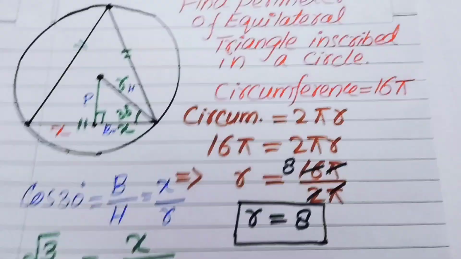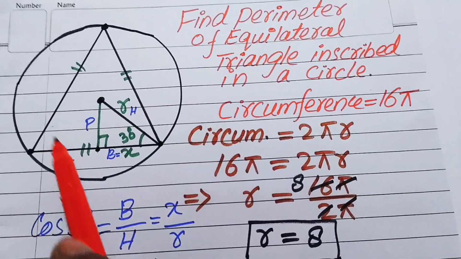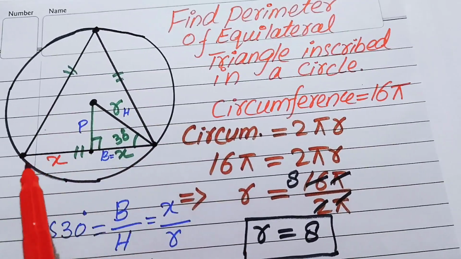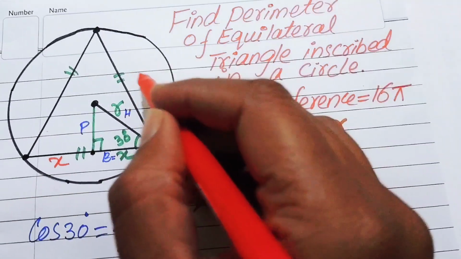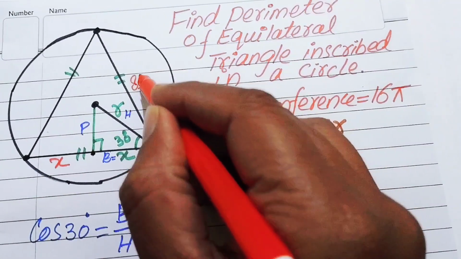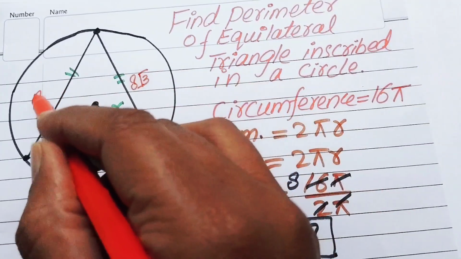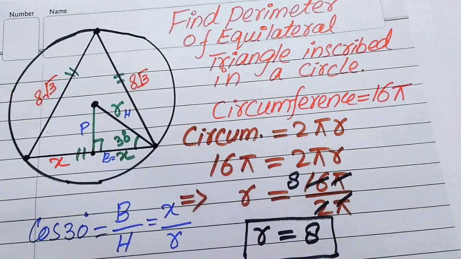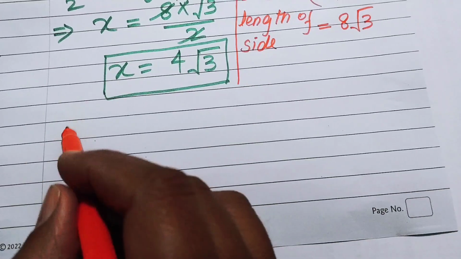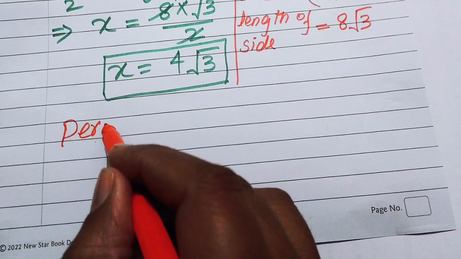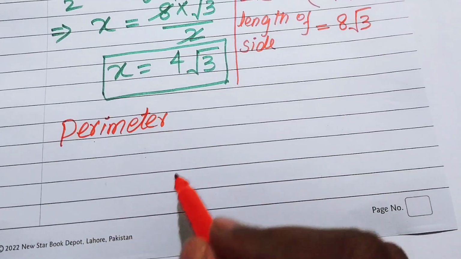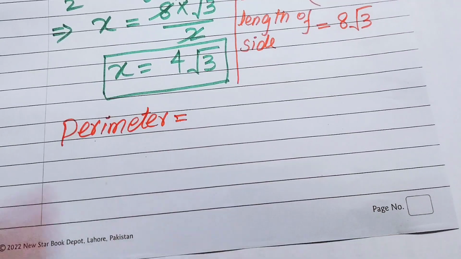To find the perimeter, we have three sides of this equilateral triangle, and the lengths of all sides are equal. So the length of this side is also 8 square root 3, and the length of this side is also 8 square root of 3. The perimeter is the sum of the lengths of all the sides of the triangle.